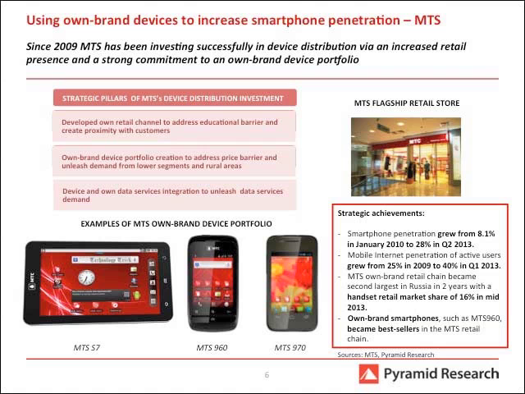As you can see on the right side, there are some strategic achievements that they reported. First of all, on their network, they grew smartphone penetration from 8.1% in January 2010 to 28% in the second quarter of 2013. They also managed to stimulate the demand for mobile data services.